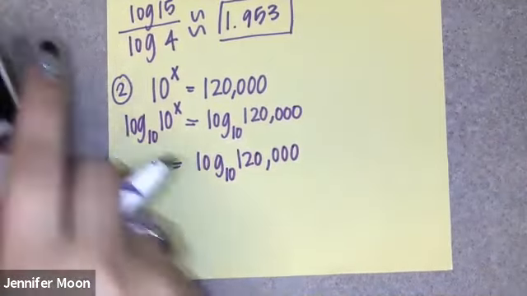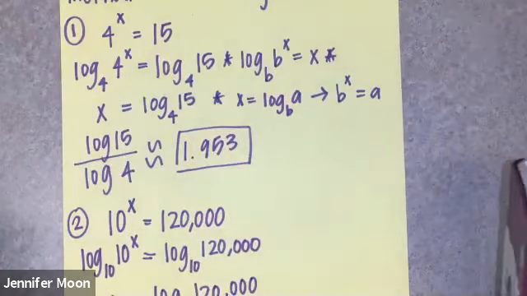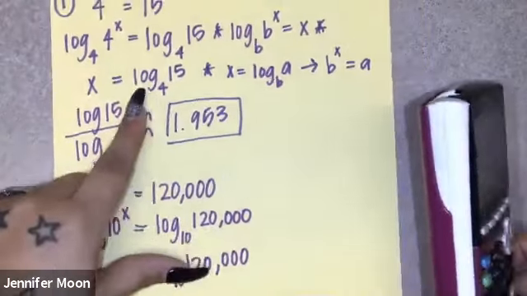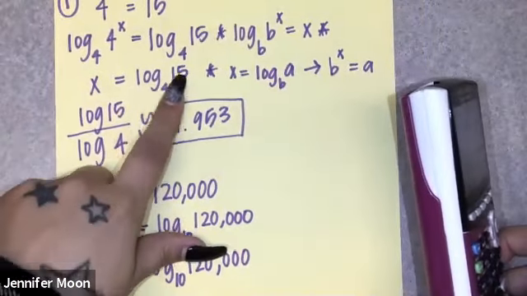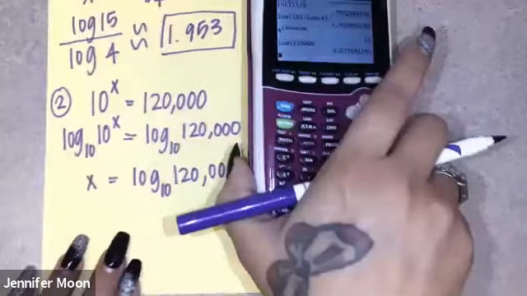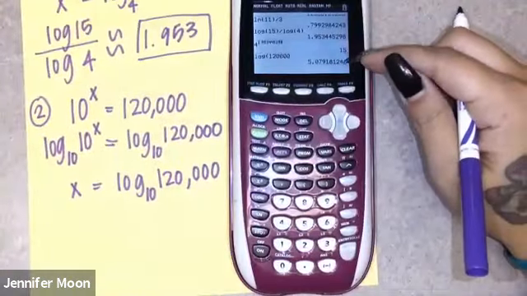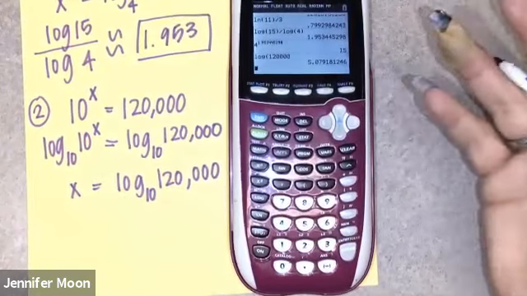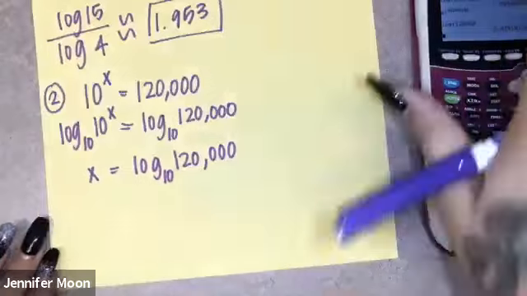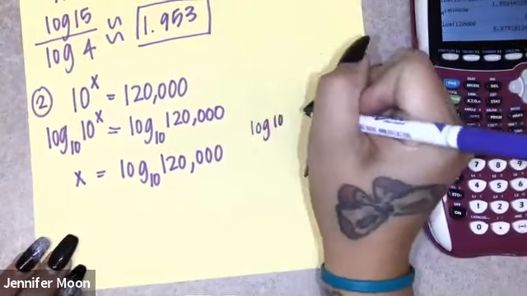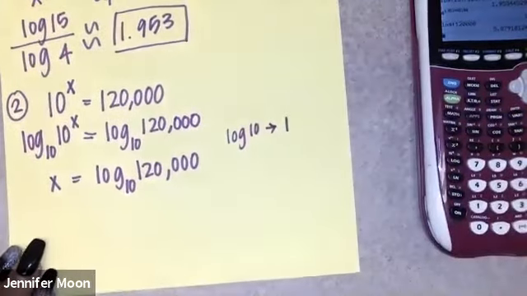The other one, sorry, I'm trying to point it out right here. This one ended up being a change of base. You took this divided by this. This one right here, you can just enter it into your calculator. If you divided it by log 10, I'll go and show y'all. But if you do log 10, that's just 1, right?